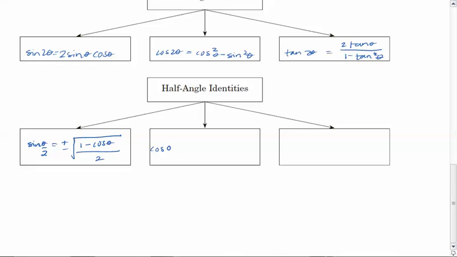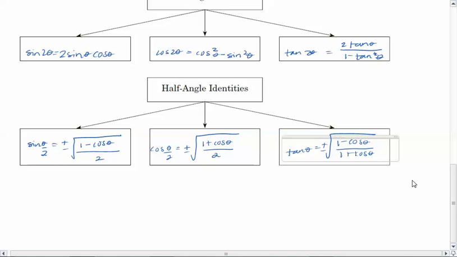Cosine theta over 2 is equal to plus or minus radical 1 plus cosine theta over 2, and tangent theta over 2 is equal to plus or minus radical 1 minus cosine theta over 1 plus cosine theta. So that's really all the important identities that you need to know from this chapter.